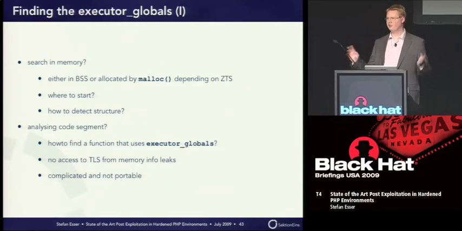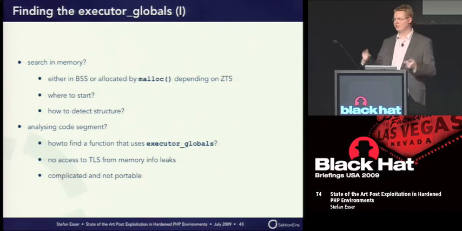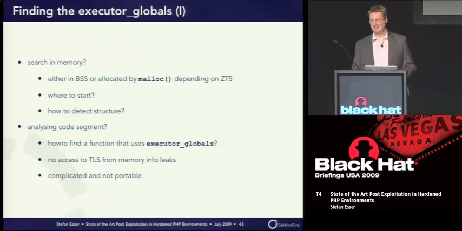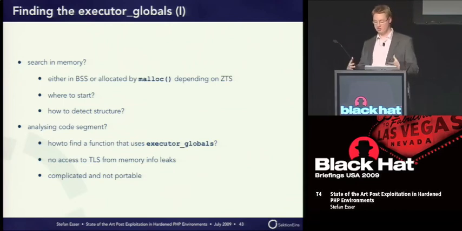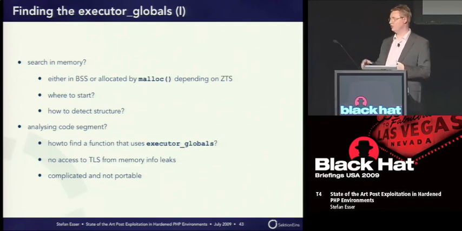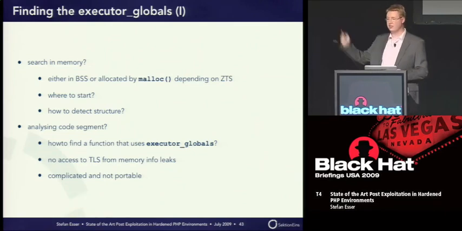I tried a lot of things like analyzing the code segment and searching for pointers to this. I wrote an x86 emulator in PHP to get to this. Later, I realized that this is stupid because it can't work: when you have thread-safe PHP, the pointers are stored in the TLS segment, and you can't access FS through this leak.